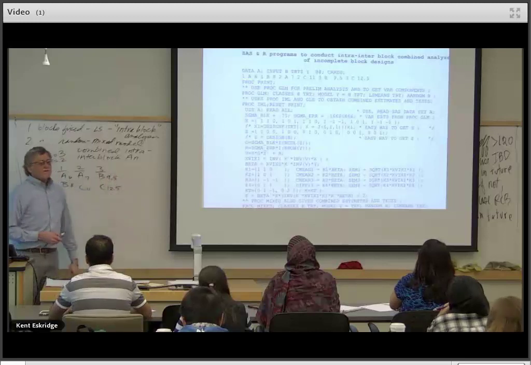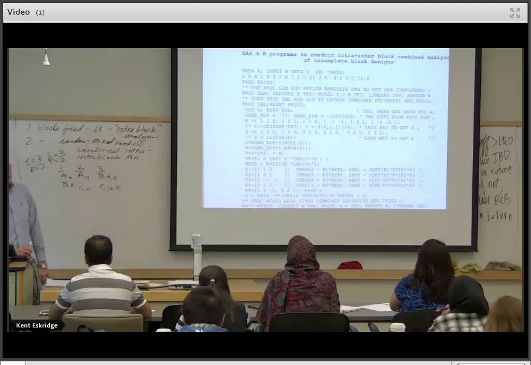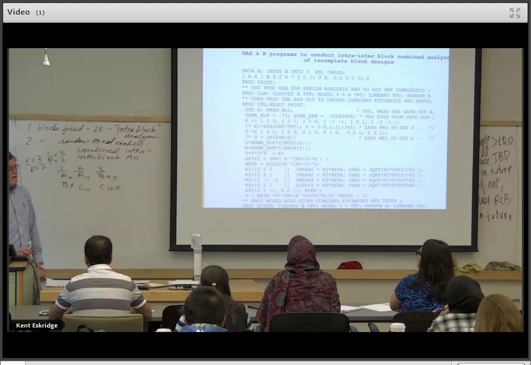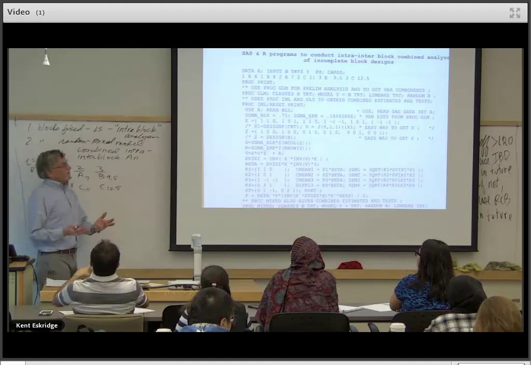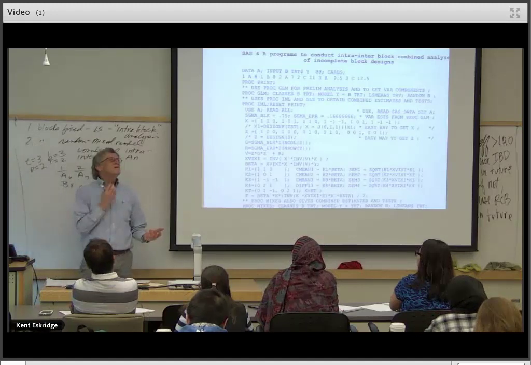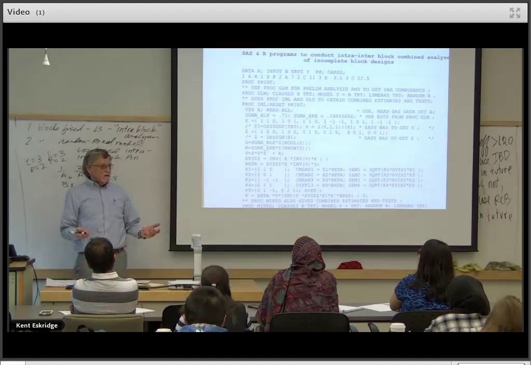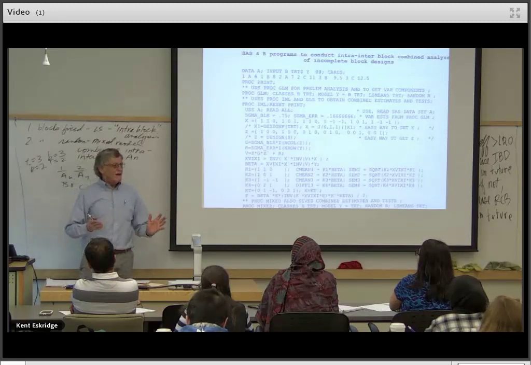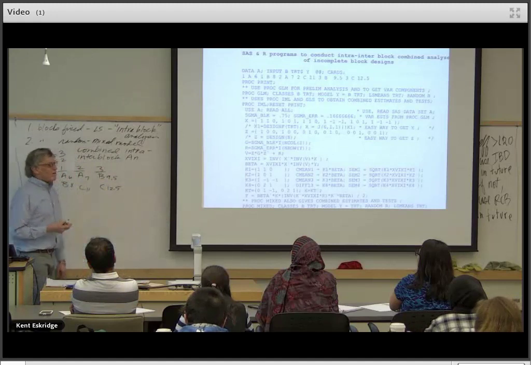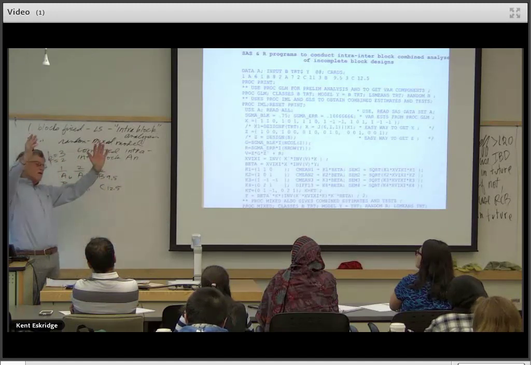What is a resolvable design? Resolvable incomplete block designs, you guys use them all the time. If each treatment occurs an equal number of times, that's what people call balance. But in a resolvable design, you have all your treatments in a complete replicate.